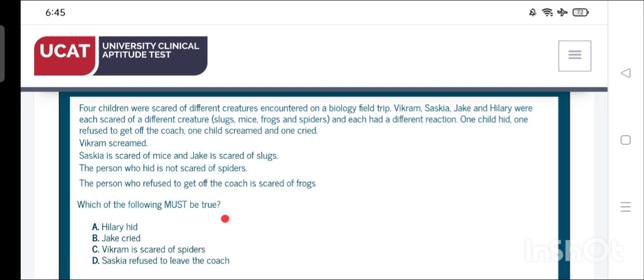So here we have information that is given to us, and the question is which of the following must be true. It means that it has to be true from these following options.